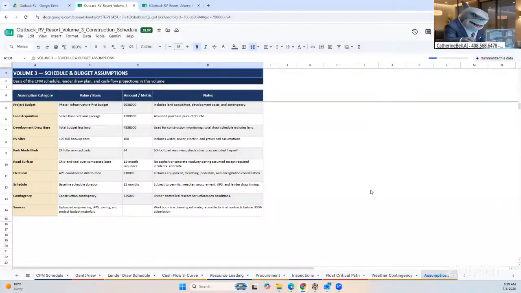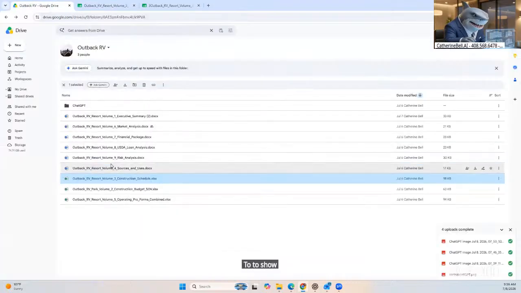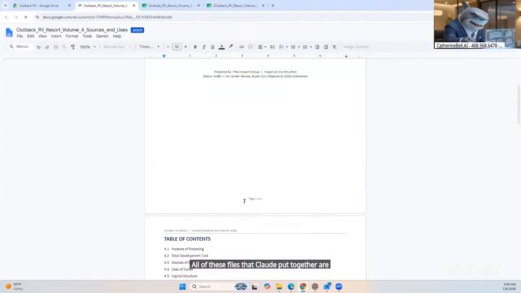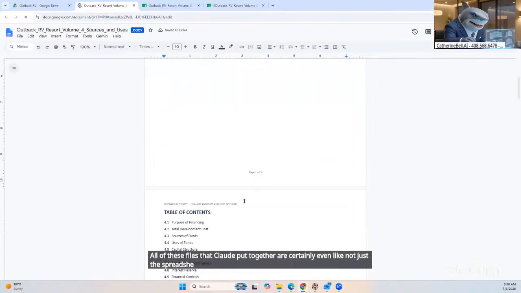Yeah. And again, this provides us with the ability to showcase it in just a way better way. All of these files that Claude put together are certainly not just the spreadsheets, but also these Word docs.